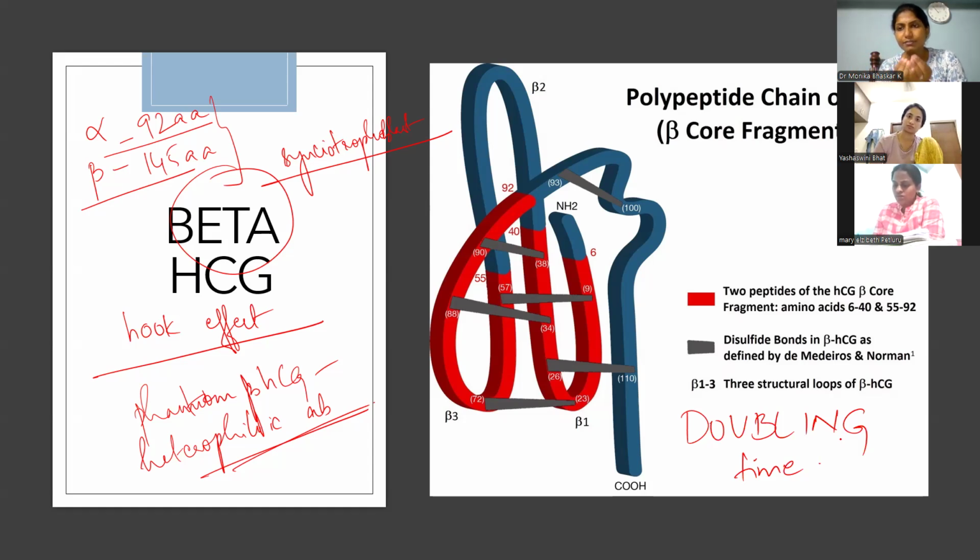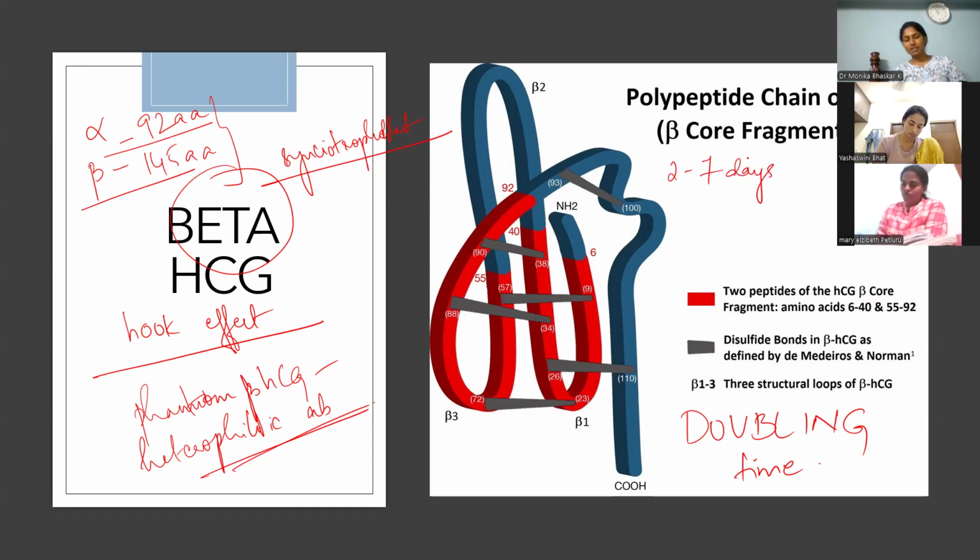So we tell, if today the beta HCG is 1000, for it to double, that is 2000, how much time does it require? So if 2000 to become 4000, how much time does it require? Usually in UG textbooks, they tell the doubling time of beta HCG is 48 hours, but that is not true. Usually the doubling time of beta HCG ranges from 2 to 7 days.